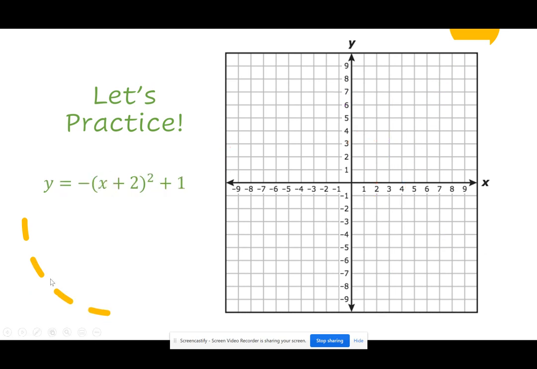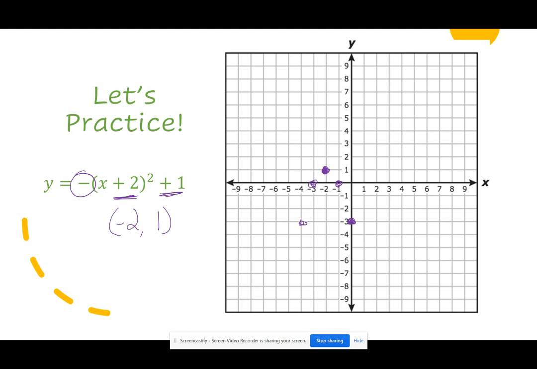So let's look at some more examples. Right away, we can find our vertex, negative 2, 1, because opposite sign, same sign. So I'm going to go ahead and put a point at negative 2, 1. Now our graph is going to be reflected over the x-axis, so flipped, but there's no vertical stretch or shrink. So we're going to do our 1 up and then 4 up.